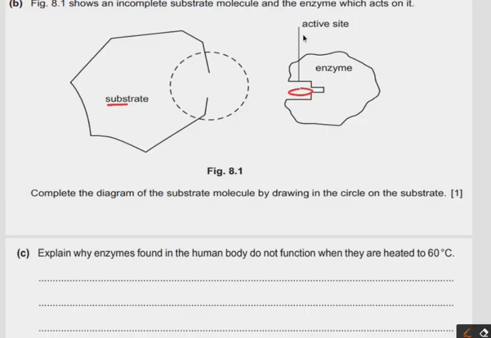The active site is where the substrate binds, and the substrate should be complementary to the active site. So we need to complete the diagram of the substrate molecule by drawing in the circle.